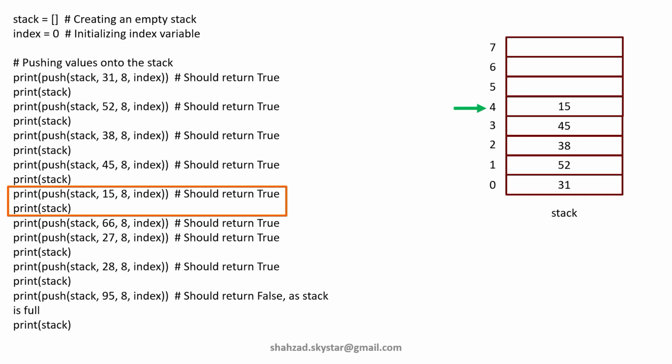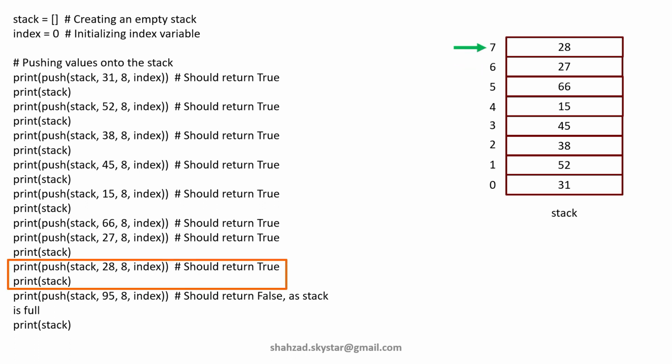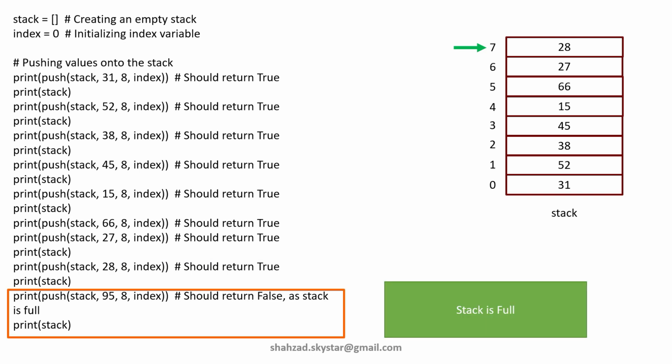Next one is index number 4 and the value is 15. Index number 5, the value is 66. Index number 6, value is 27. Index number 7, value is 28. And then if I try to add another value, it will show me the message stack is full.